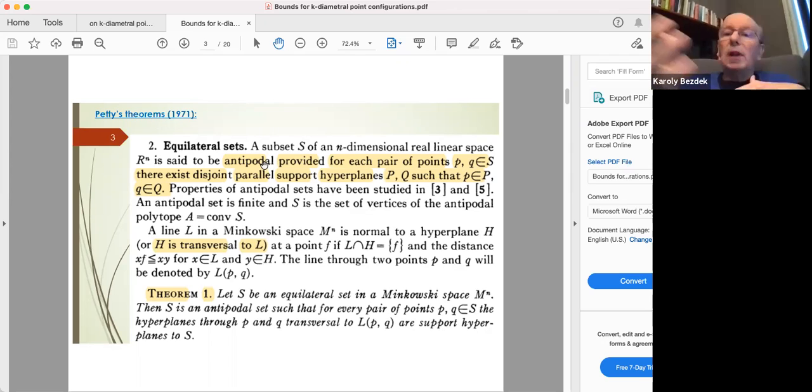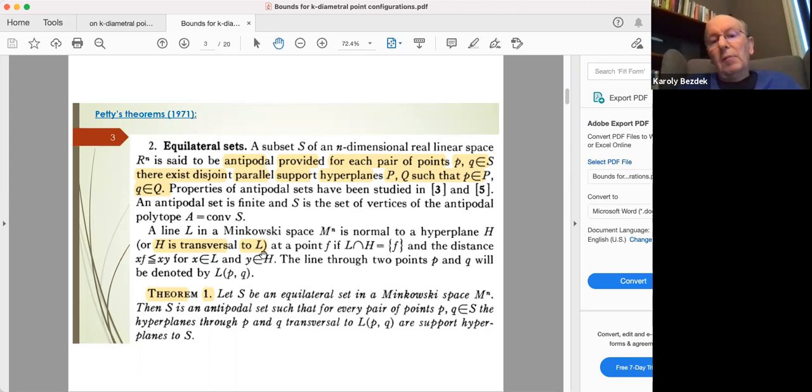So one point lies on one supporting hyperplane, and the other point must lie on the other distinct parallel supporting hyperplane. If that happens for any 2 points in the point set, then he calls the point set antipodal.